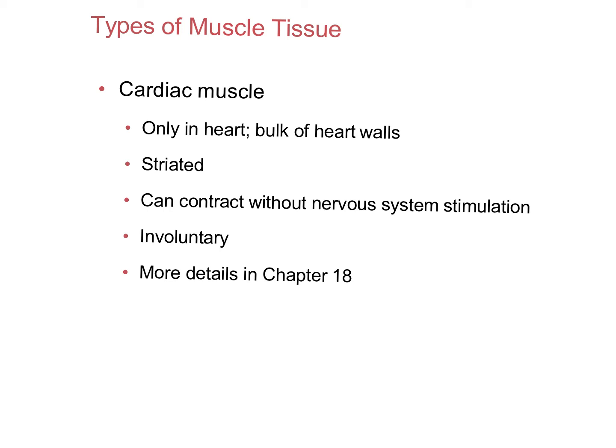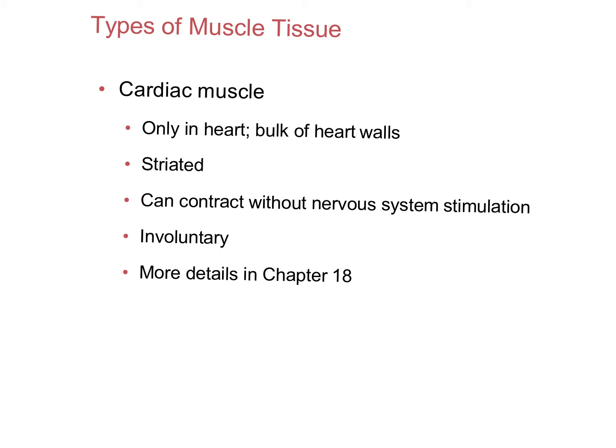Let me ask you a different way. Do skeletal muscle and cardiac muscle contract the same way? No, right? Cardiac muscle contracts every second, in a normal pattern. It is an involuntary contraction.